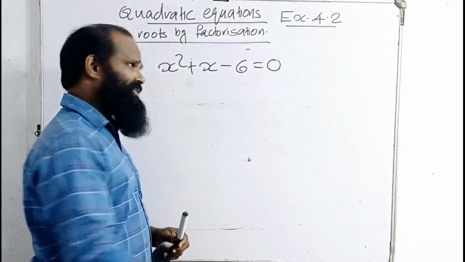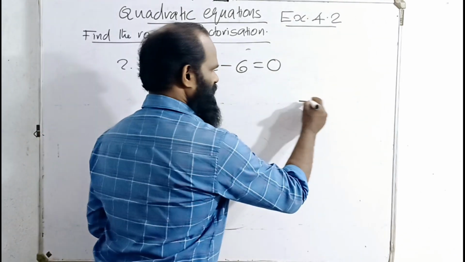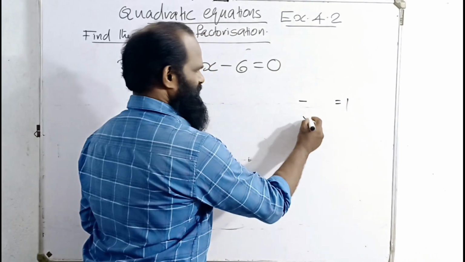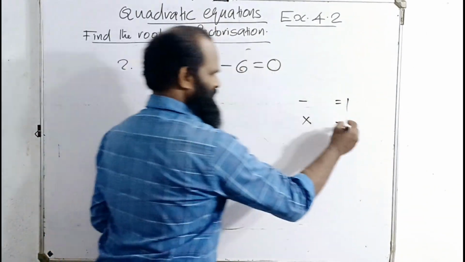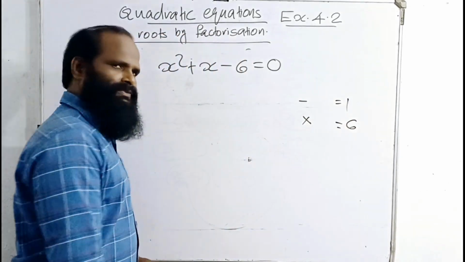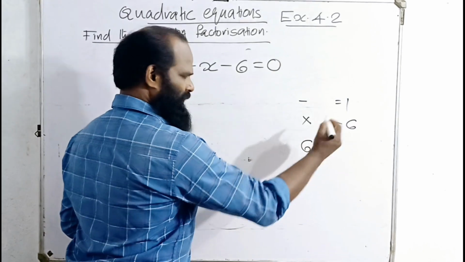If there is no number, coefficient is 1. So think of two numbers, subtract them to get 1. Multiply the same numbers to get the constant 6. Definitely the numbers are 6 and 1.